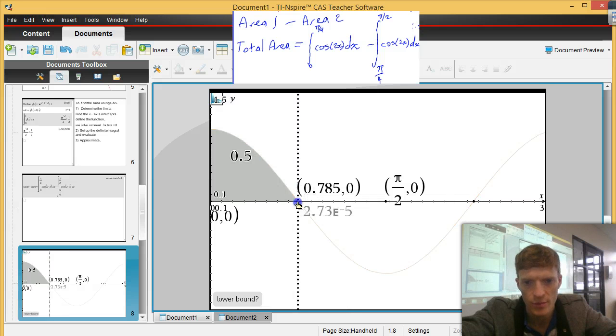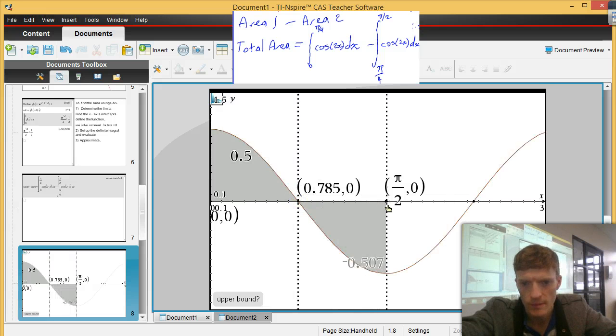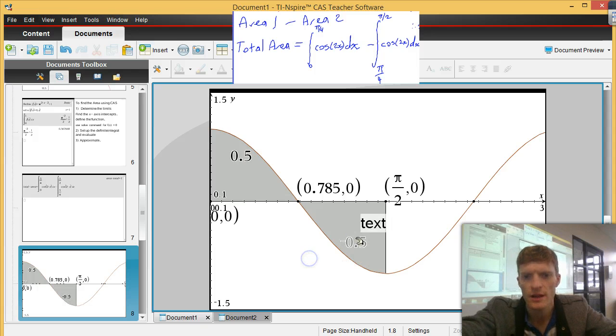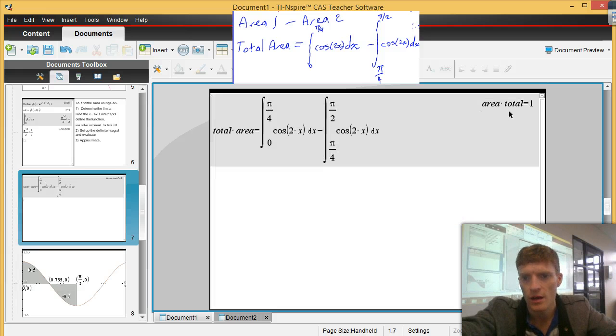So it's from that point up to that point. And we can see now that CAS is evaluating a negative area there, negative 1/2. So that's why it emphasised the importance of subtracting the second definite integral. Because if I have 0.5 and I subtract the negative 0.5, I'm going to get a total area of 1, just like I had calculated.